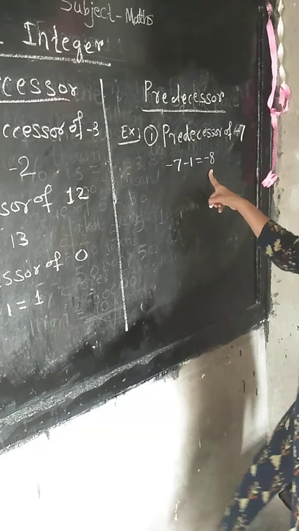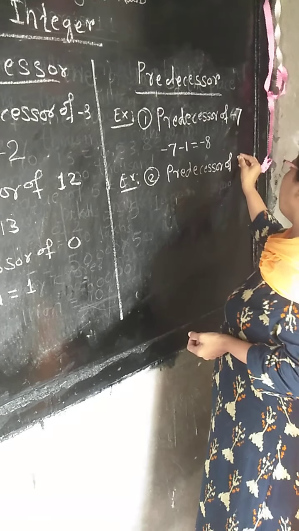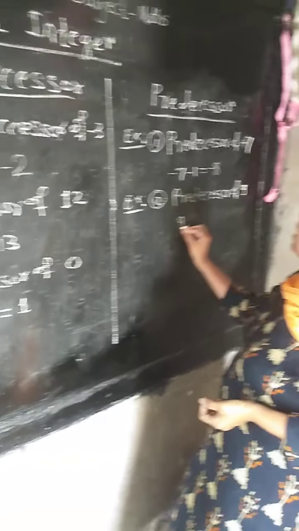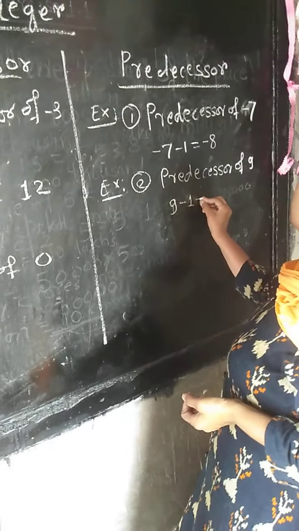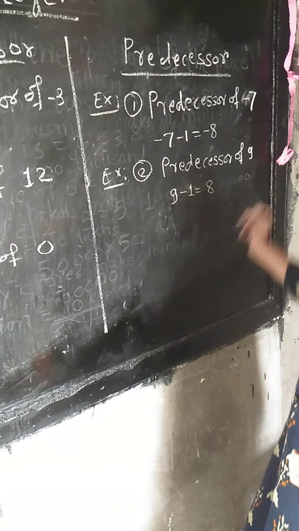Second example. Predecessor of 9. What you have to do? 9 minus 1 is equal to 8. 8 is the predecessor of 9.